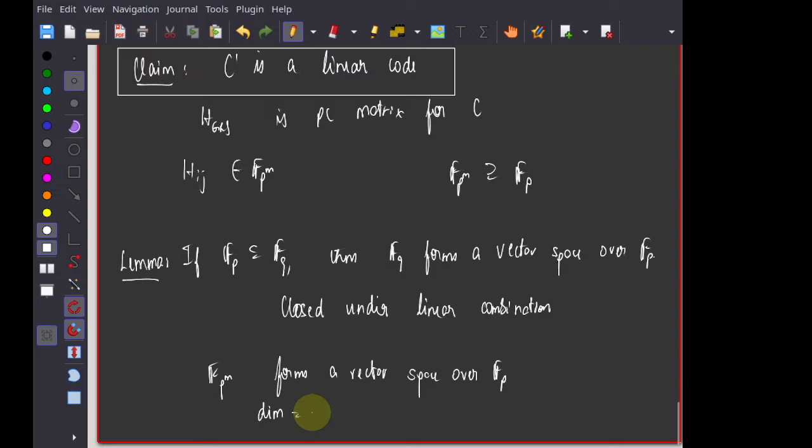Right? So now can you use this to answer the question? You have the set of all polynomials of degree less than or equal to M minus 1 with coefficients from FP. Does this form a vector space?